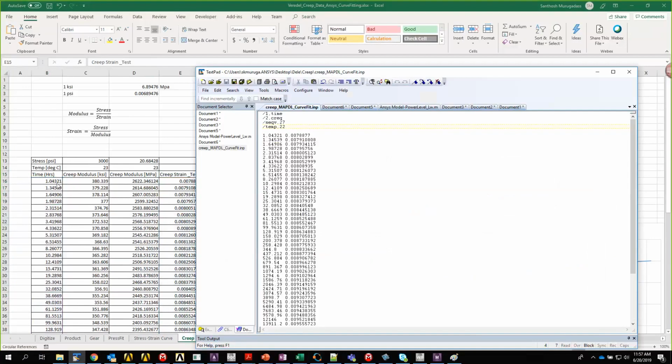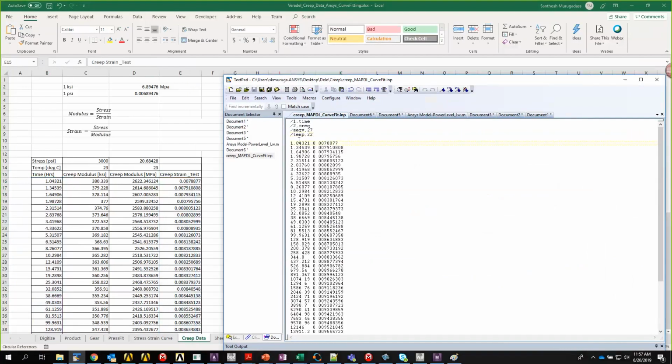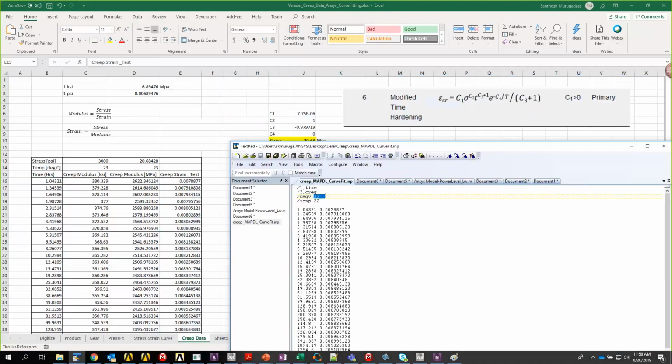The first column is time, and the second is the strain. This is the syntax you need to follow. /1 means the first column refers to time. /2 means the second column refers to creep strain. And the equivalent stress for this data is 27, because this sigma is needed here. We need to supply this. And the temperature is 22.